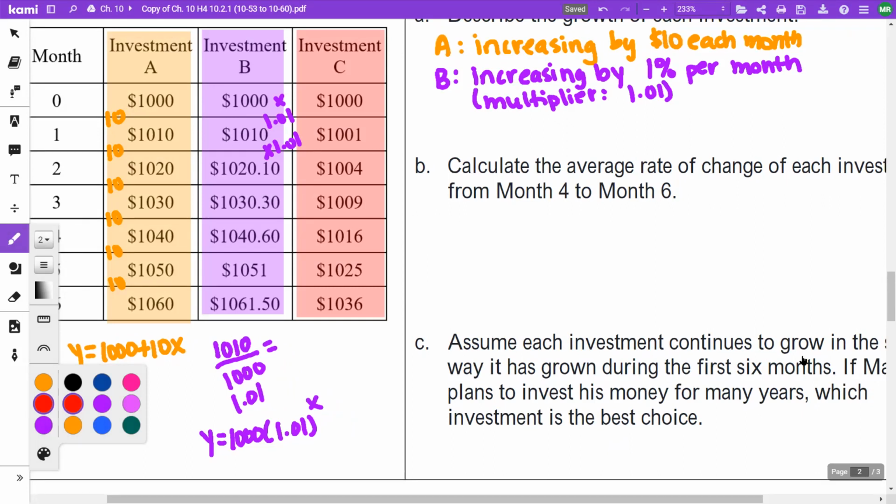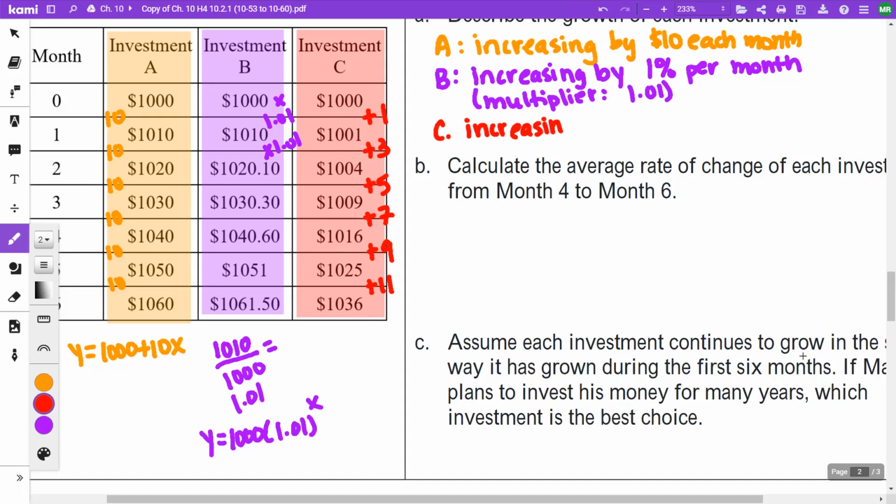Then if I'm looking at C, I notice I'm increasing by 1, then by 3, then by 5, then by 7, then by 9, then by 11. So here we're increasing each month by 1, and then 3, and then 5, and then 7, and then 9. Now that's actually quadratic.